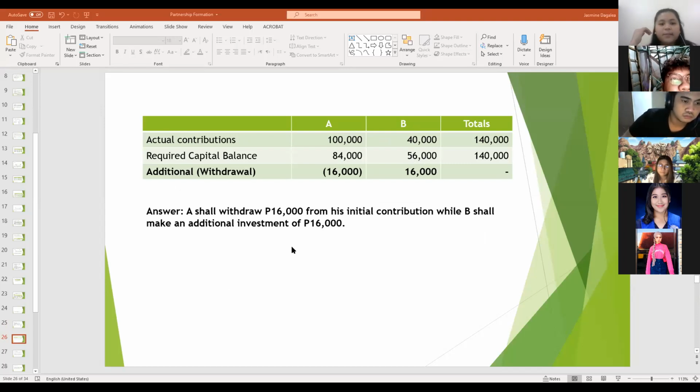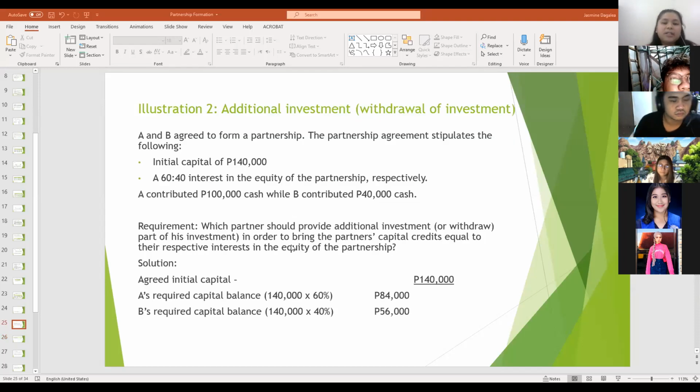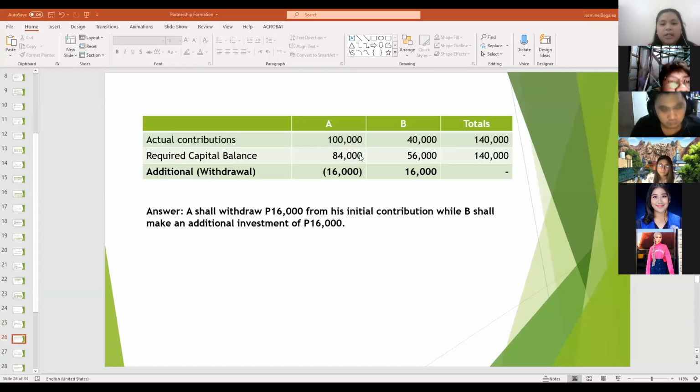So yan yung concept ng additional investment or withdrawal of investment to equal the partners' capital accounts in the agreement of ratio. So ano yung journal entry nyo dito?